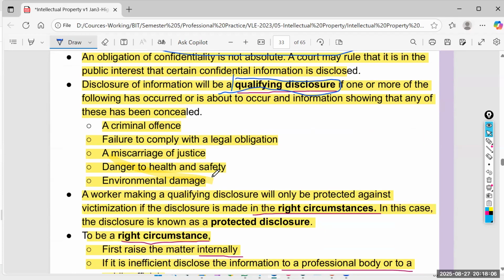But this is very serious stuff because your disclosure is going to harm your organization, their reputation and so on. So when you do this kind of thing, you must be 100% verified that there's a genuine issue, and also that you have tried to resolve it internally. Those are the two things. Number one, you have verified beyond doubt that there's a serious issue, a serious offense against humanity, a crime.